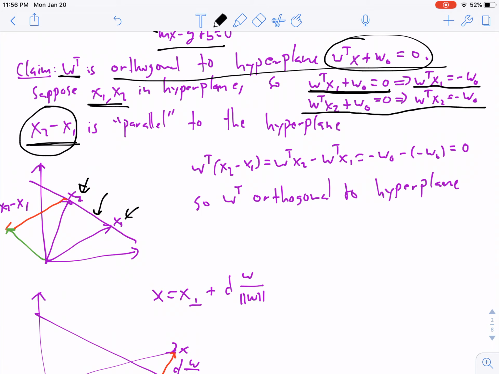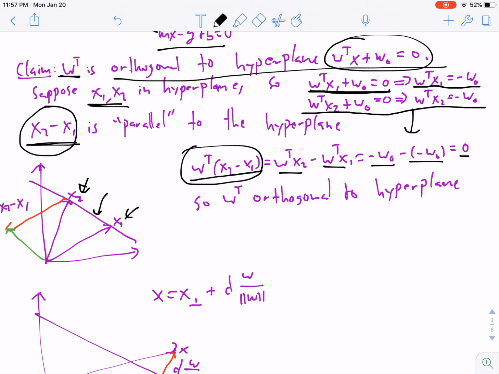the hyperplane. And then if we take w and we dot it with the difference between x2 and x1, then we distribute out, and then using our previous little mathematical fact, we have negative w naught minus negative w naught, which gives 0. So the dot product between w and the difference between 2 points in the hyperplane is 0. And if the dot product between 2 vectors is 0, that means they're orthogonal.